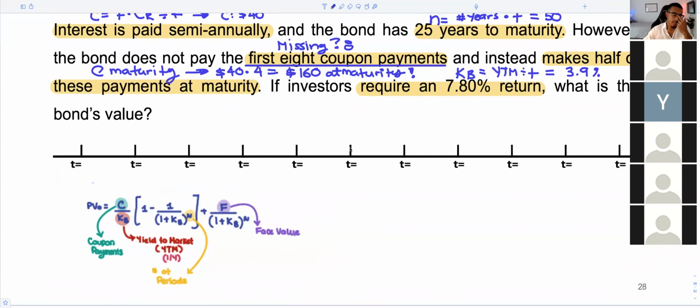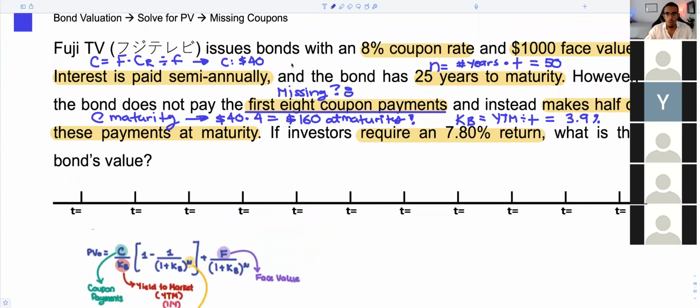Before we do that though, the second step, I believe, and it's always a really good step, especially when practicing, is to create a timeline because we want to know what the heck is going on. We know that this bond, 25 years from now, so at t equals 50, will essentially mature. However, we also want to understand that we are going to miss a few payments, all the way to the 8th one.